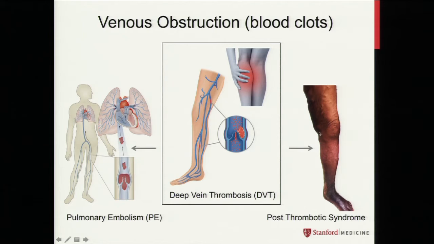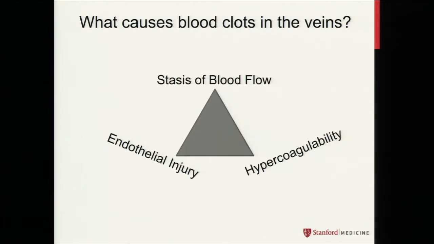With that occurring for long periods of time, you still get the same symptoms you would get with venous insufficiency. The skin changes, the ulcers, the swelling, the diseased and dilated veins. This is similar pathology, but it's called post-thrombotic syndrome. So what causes the blood clots in the veins?